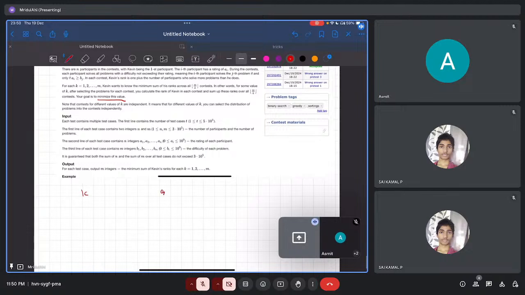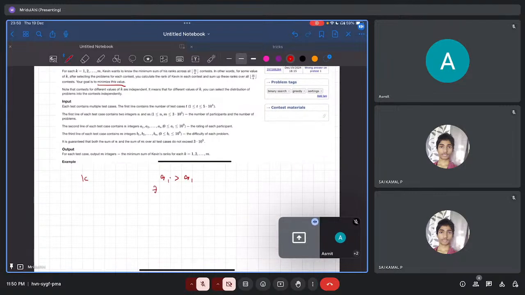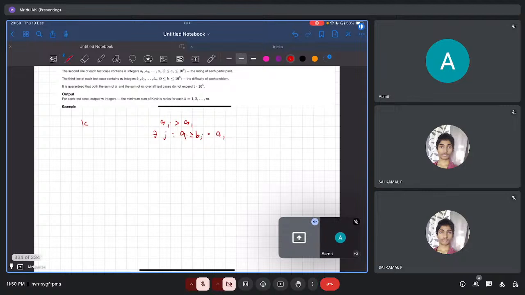That means their rating is greater than a_1, and there exists a problem j such that b_j is greater than a_1, so the first participant cannot solve it, and it is less than or equal to a_i, so the ith participant can solve it. This condition results in participant i being higher ranked than participant 1.